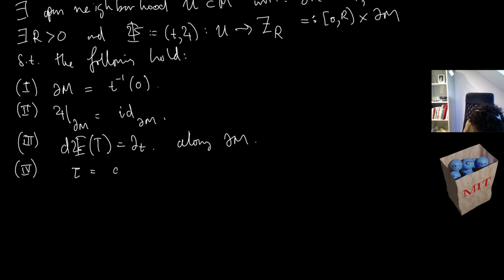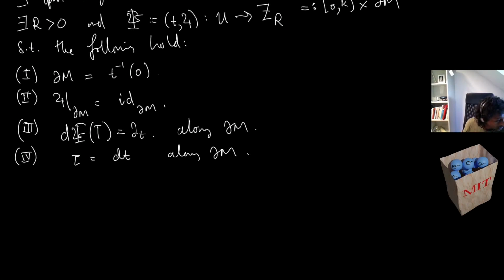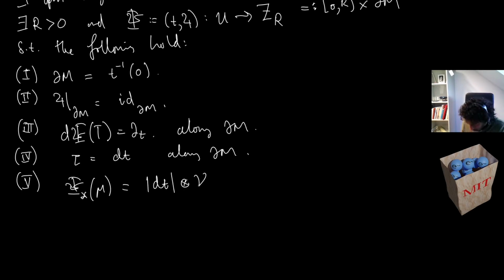Sorry, tau is equal to dt. And lastly, if I take the measure and push forward the measure, this is equal to just dt tensor nu. So remember, nu is the induced measure on the boundary.